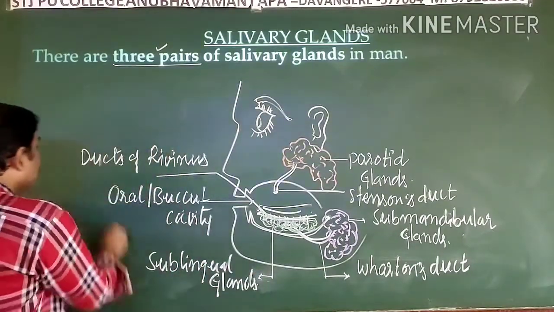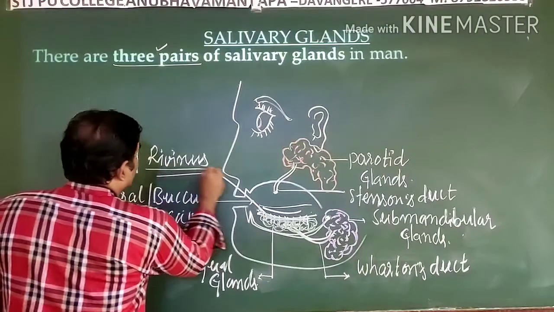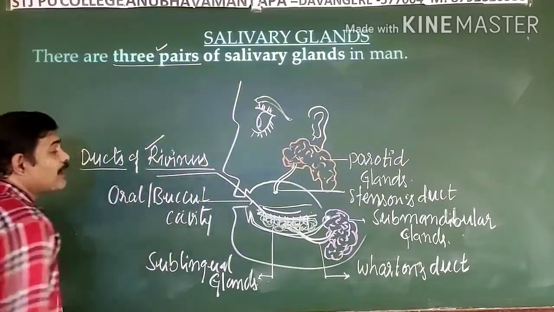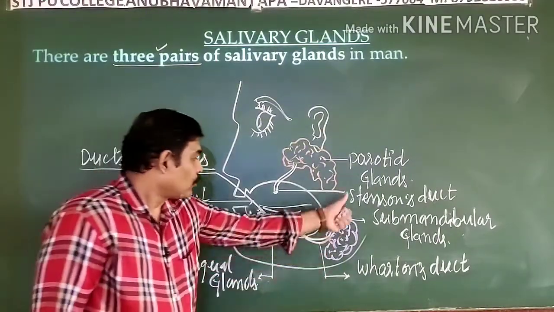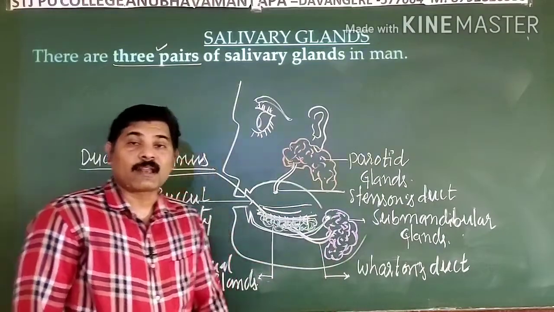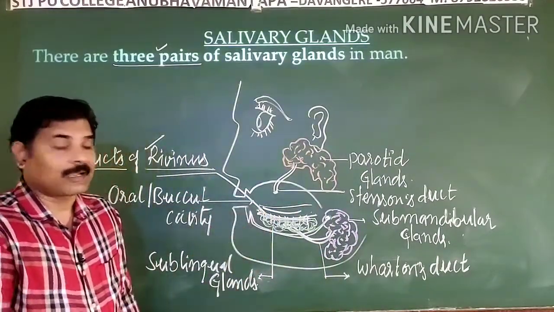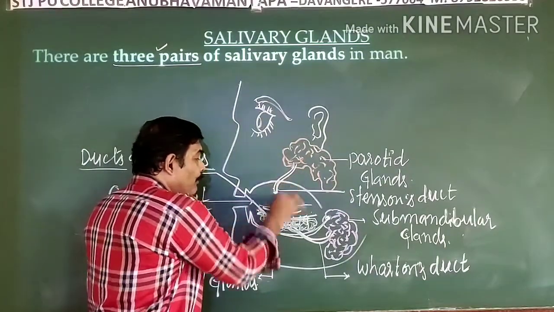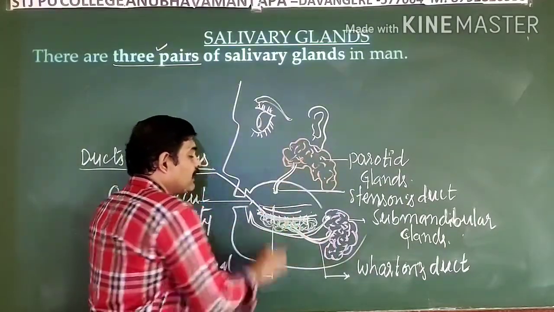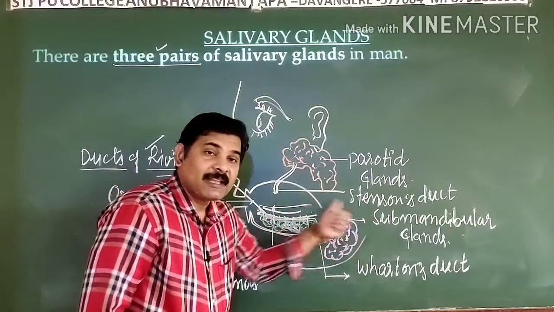Sublingual ducts, or otherwise known as ducts of Rivinus, right? So these are the three pairs of salivary glands located outside your oral or buccal cavity. They finally open into your oral cavity with their various types of ducts.